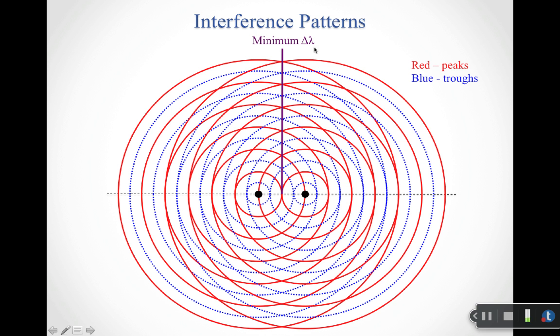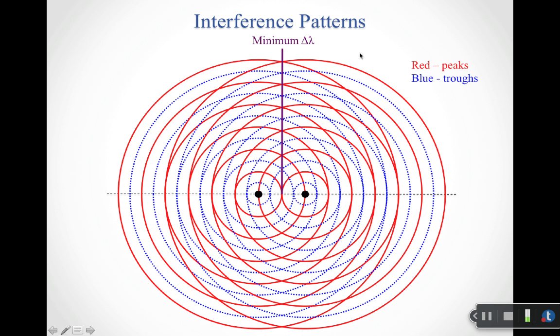So we're going to have the minimum path difference, where the path difference equals 0, which means this will be a maximum within our pattern.